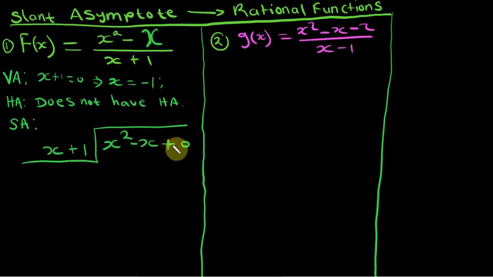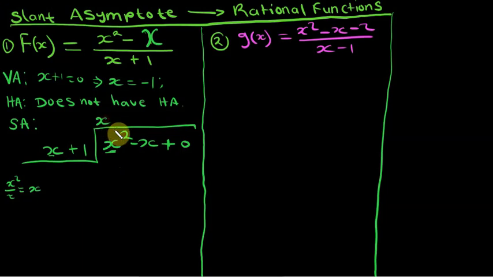I'm just adding a 0 there; if you don't want to add it, you can leave it out. So, x squared divided by x gives me x.